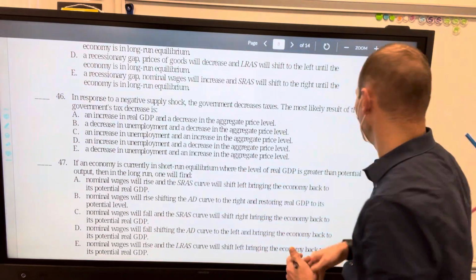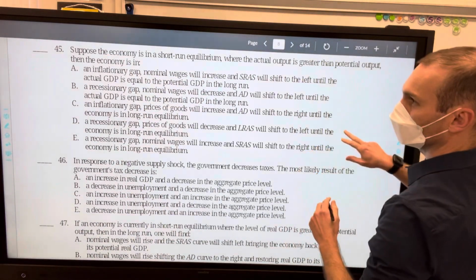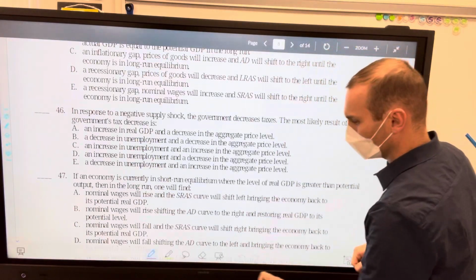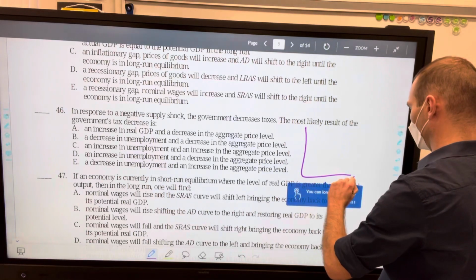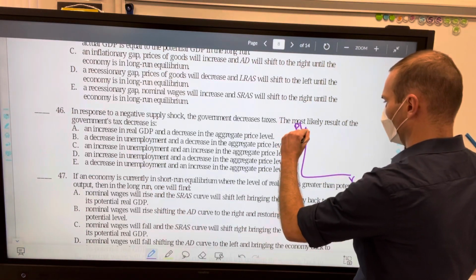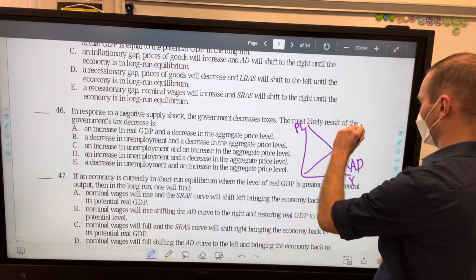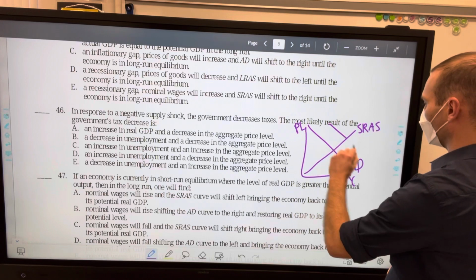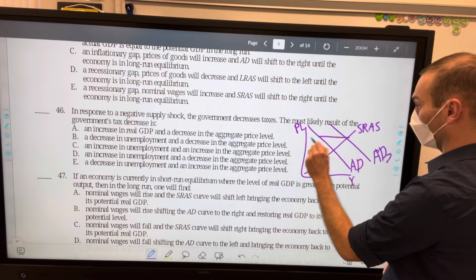Yes, aggregate demand shifters. I don't know if we want to just, yeah, there we go. So if we're doing aggregate demand shifters, if we just do our Y, if we increase aggregate demand, remember what happened to price level?